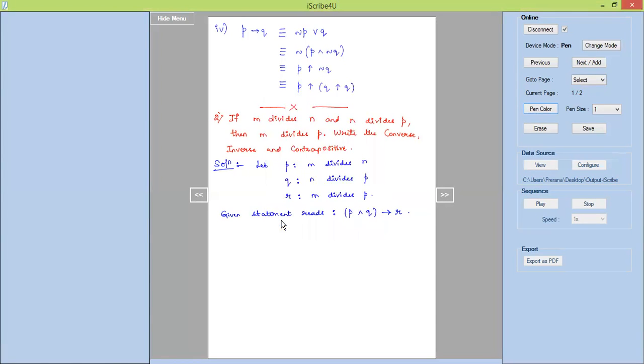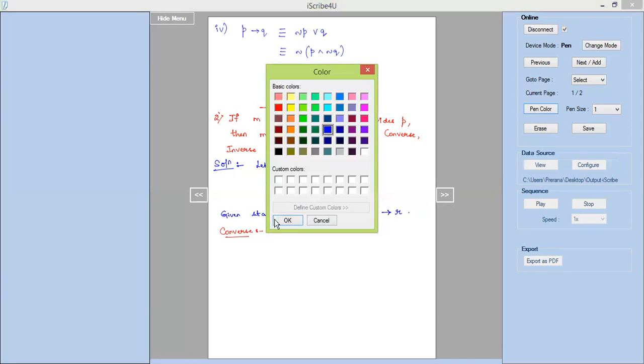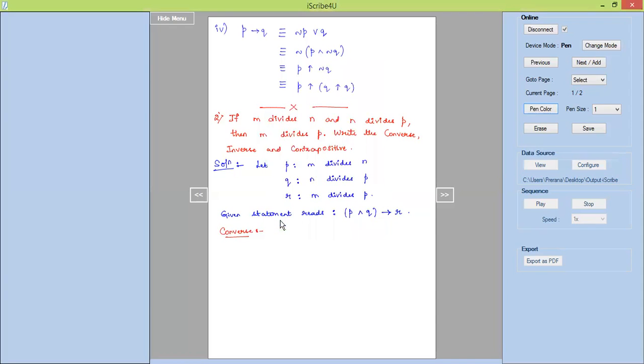So first one, converse. Recall the definition for the converse of the given statement. If you have the statement in the form P conditional Q, then Q conditional P gives us the converse.